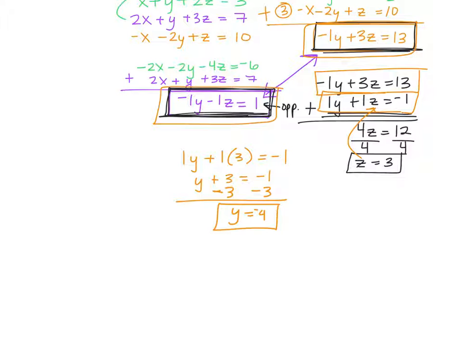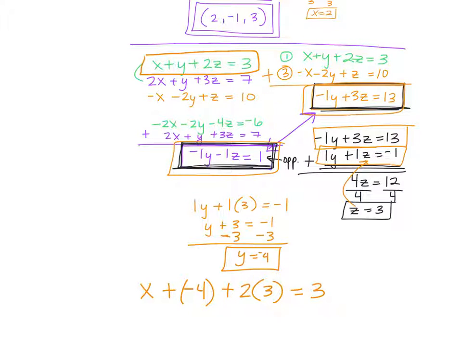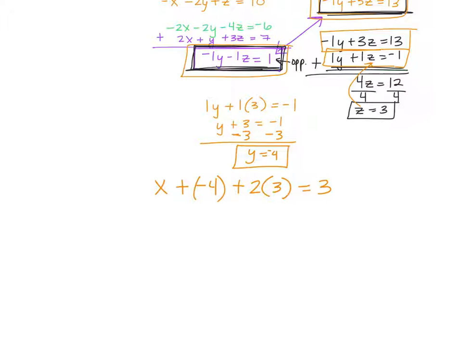Okay? Now you need x. So again, you can go up, let's go here. This one's simple. Okay, x plus your y, which is negative 4, plus 2 times your z, which is 3, equals 3. So I'm just plugging it into this equation. Simplify that.